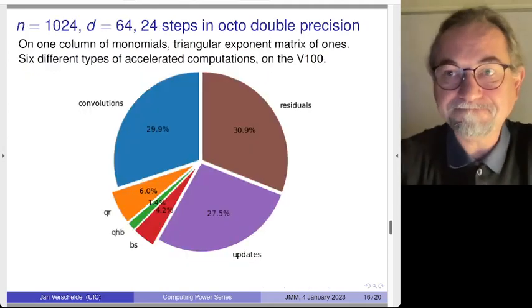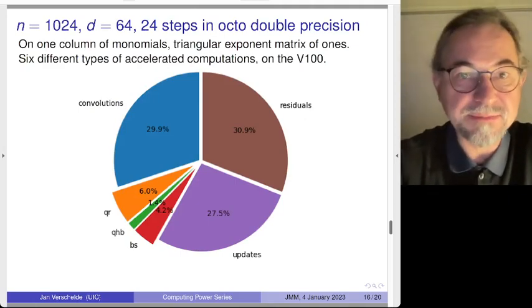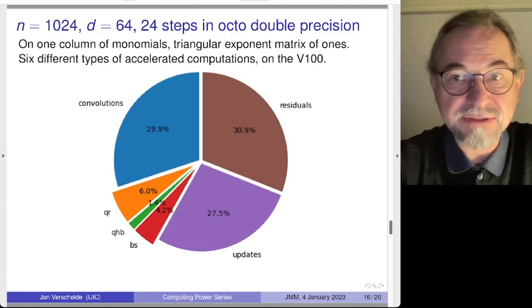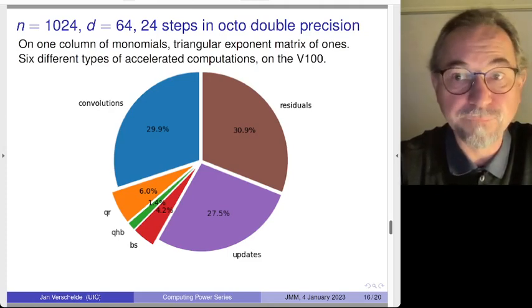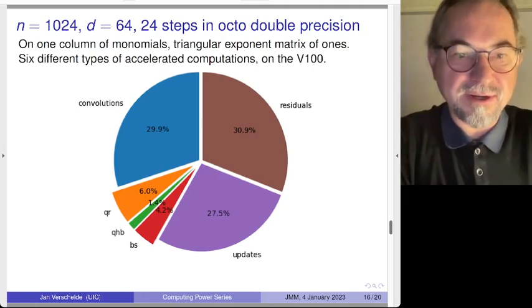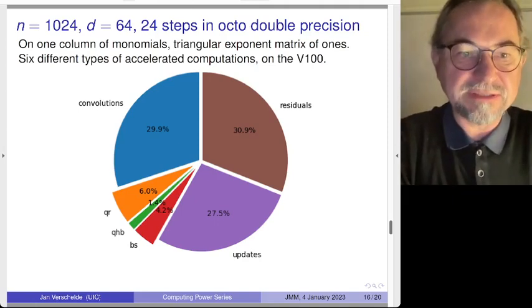Okay, now let's look at some experiments. So we had the 6 different types of accelerated computations. Convolutions have to be done in every step. The QR is only done once. So this is why, for the QR, I exploded the slice here.